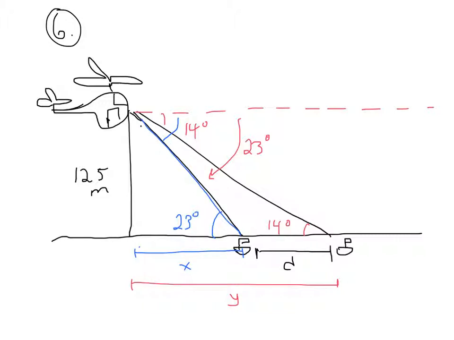Let's start with X. Looking at this angle here, 23 degrees, I notice that I have an opposite leg. There it is. And I want to find the adjacent leg. So think back to SOHCAHTOA, relating the opposite and adjacent. I will be using the tangent function.